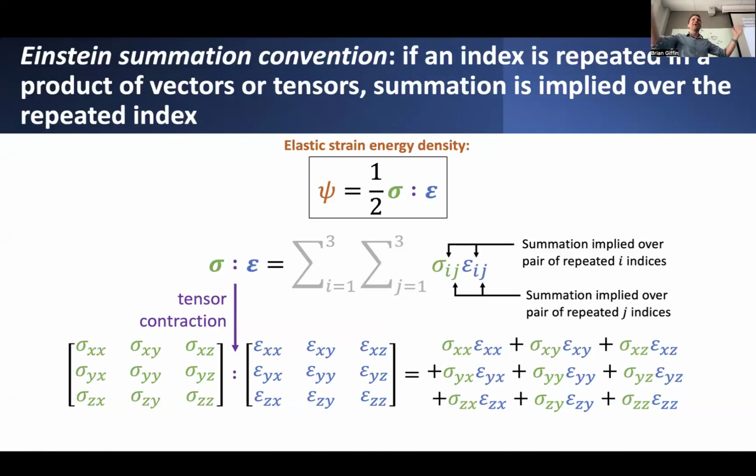And it's just implied that we're actually taking the sum of the product of all these values for i ranging from 1 to 3. This is one of the fundamental rules of index notation and Einstein summation convention.